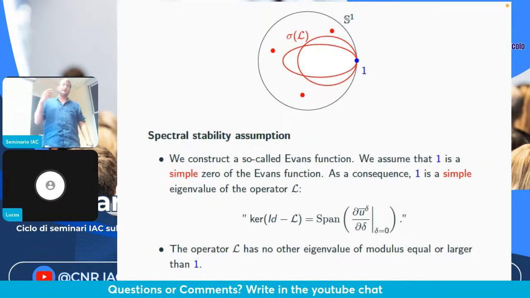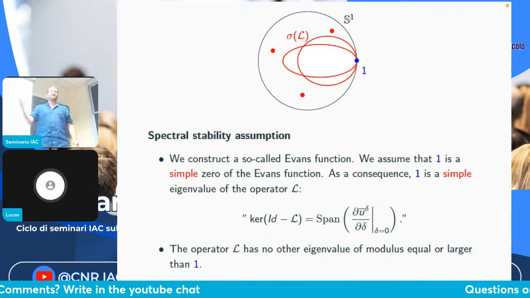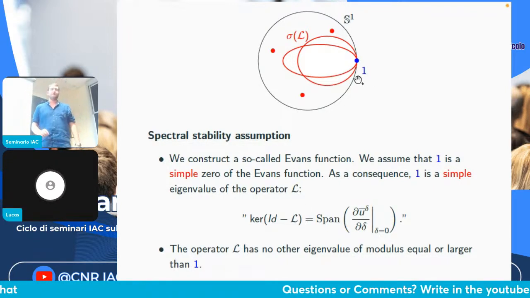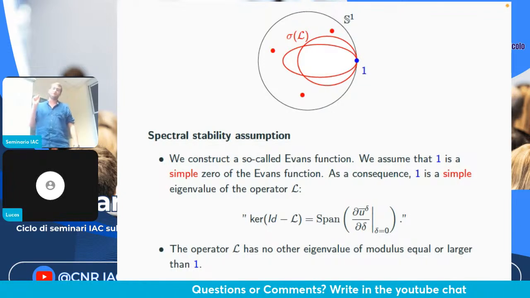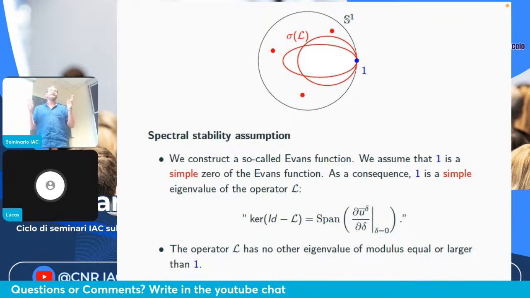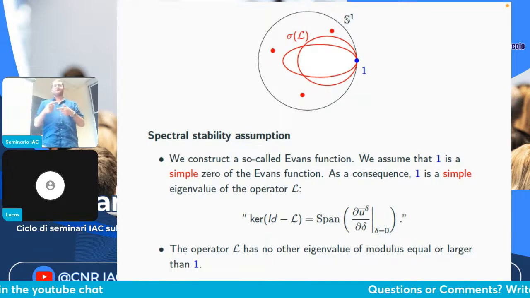Now, what is spectral stability? This is adding more information here. The first thing is that, as we saw, 1 is an eigenvalue, but we want more information, more precisely. We would want that the Evans function... Sorry, I need to read what the Evans function is.